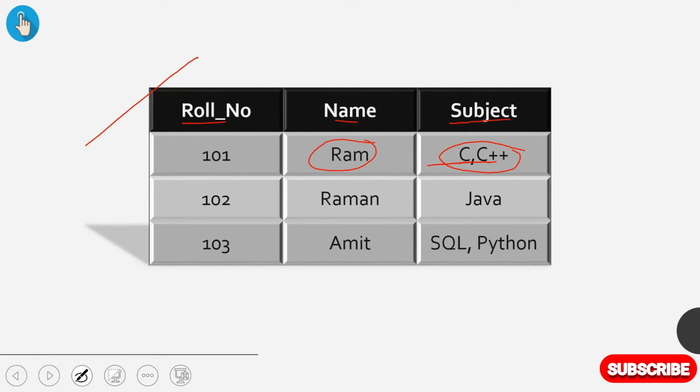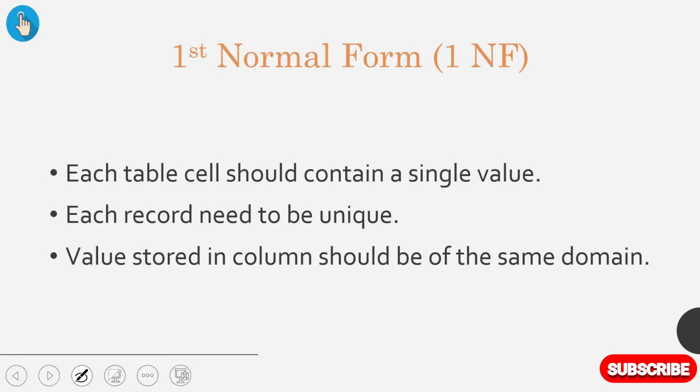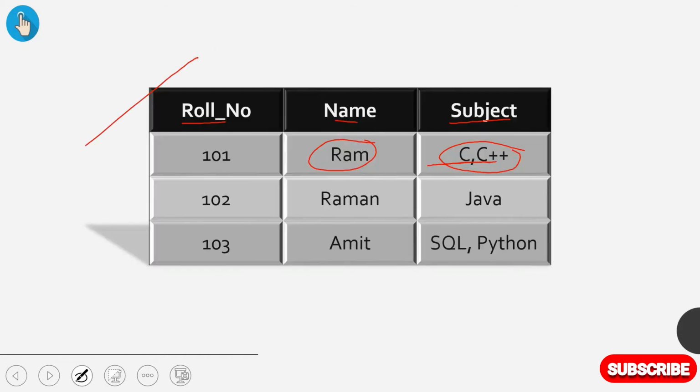There are basically three techniques to solve this for first normal form. But before that, there are some properties you have to keep in mind. Each table cell should have a single value. Looking at this column, it should have only one value, like Java, and should not be separated with a comma.